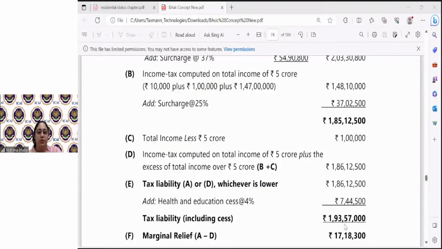We both are doing the illustration. Let's see who calculates this first. He's a person of 65 years of age. Okay.